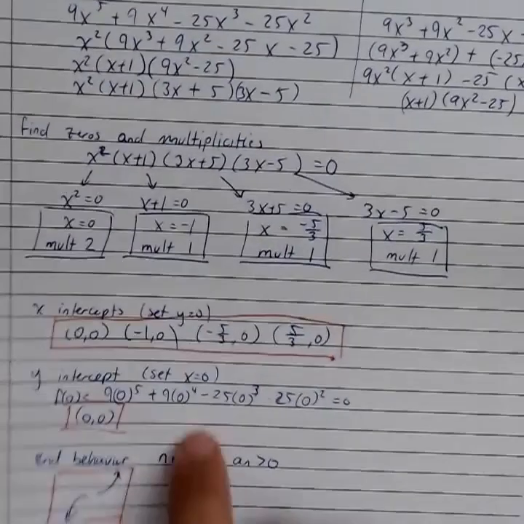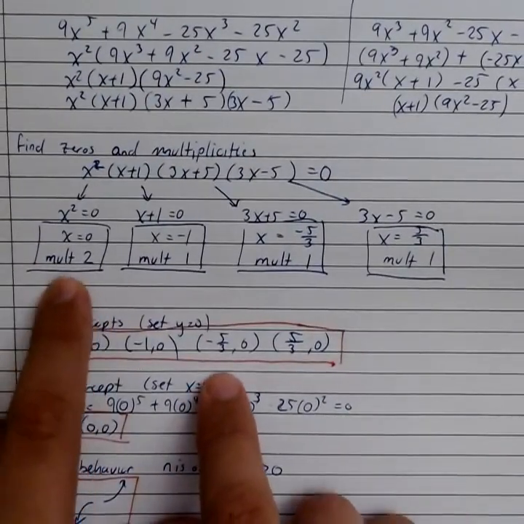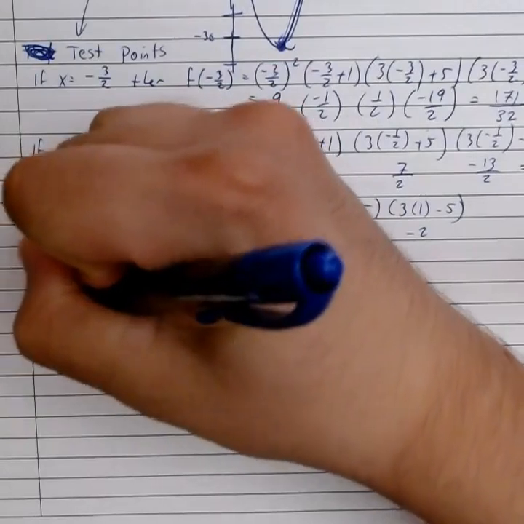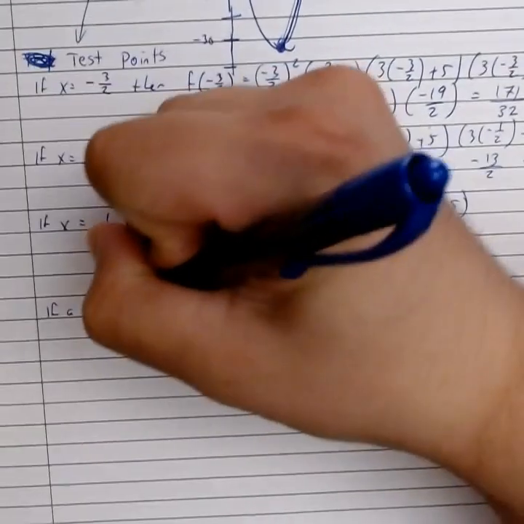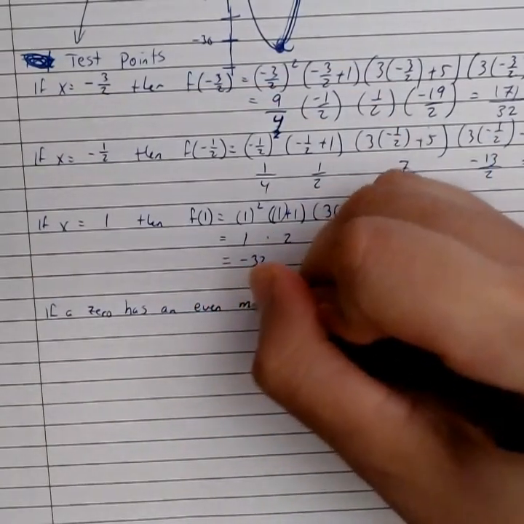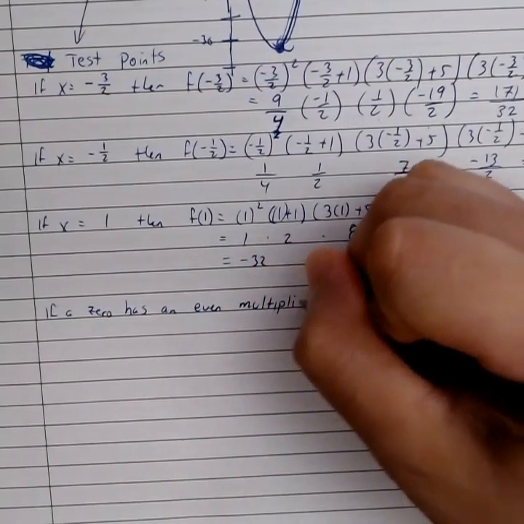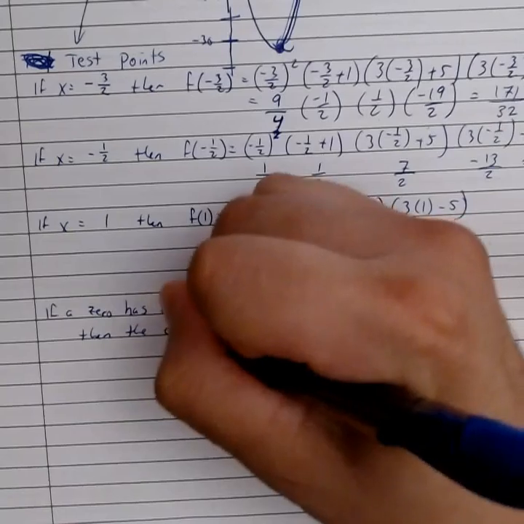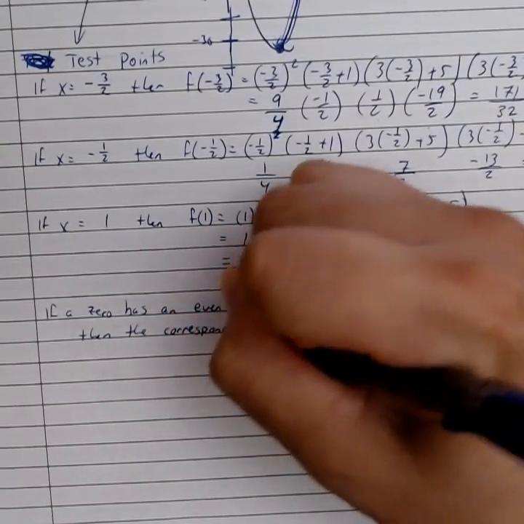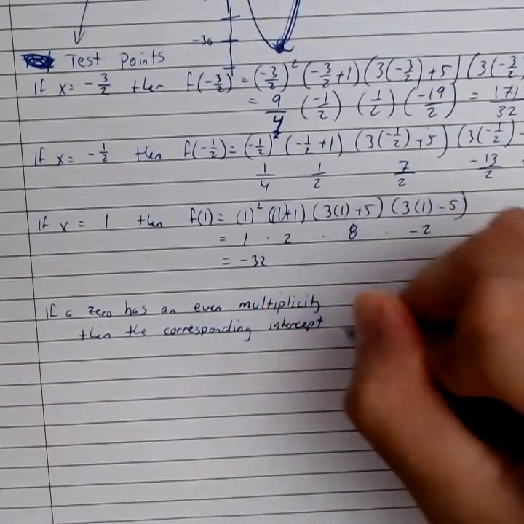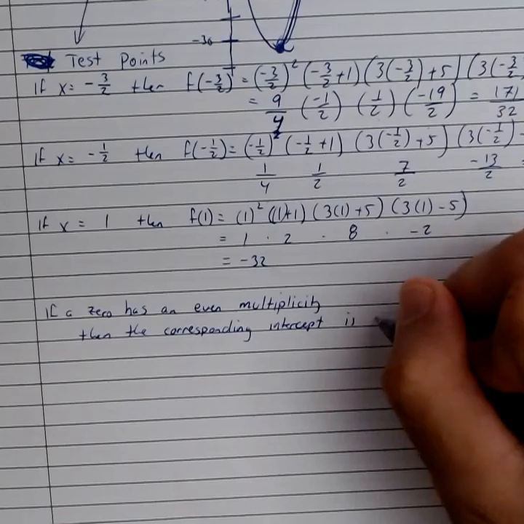Whenever you have something that has an even multiplicity, let's go ahead and write that down here. If a zero has an even multiplicity, then the corresponding intercept is what's called the touch point.